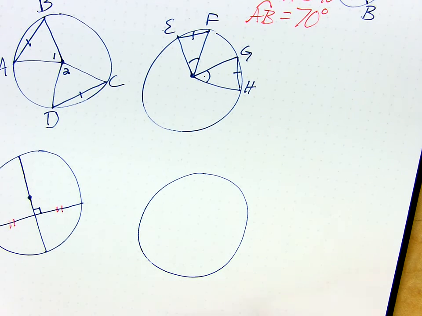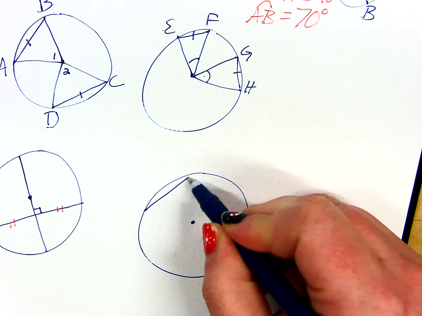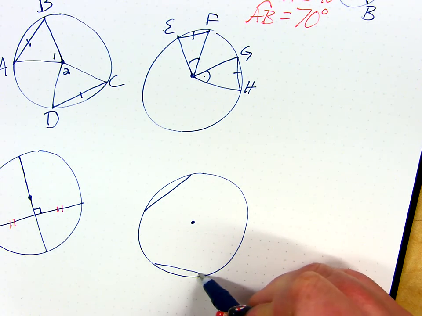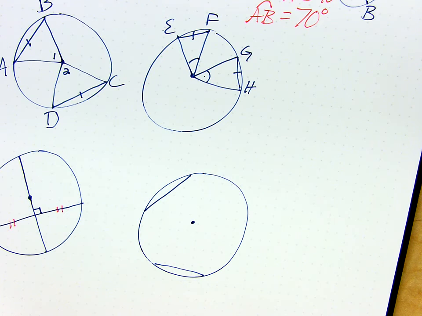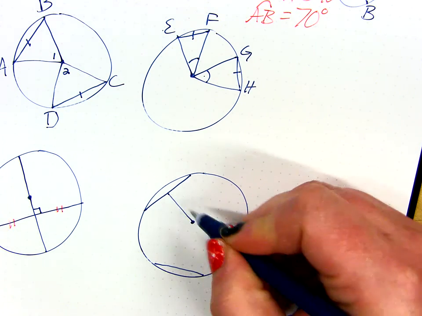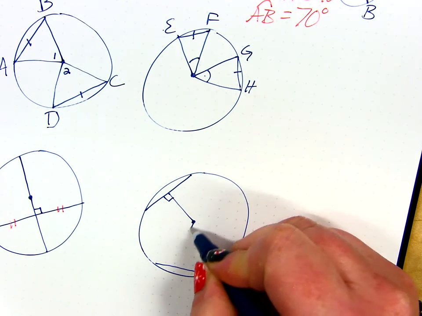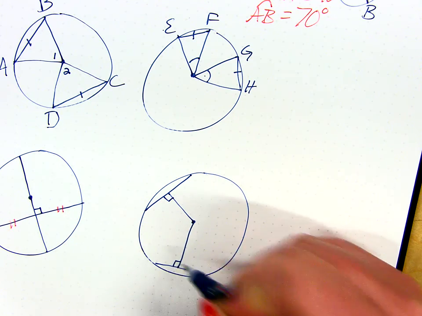Okay. So this last bit says, if I have two chords equidistant from the center, what do I know about them? So here's the center of my circle. Here's some random chord. Here's some other random chord. If I know that they are equidistant from the center, remember that to measure a distance from a point to a segment, it has to be a perpendicular. So I would drop a perpendicular to both of those.